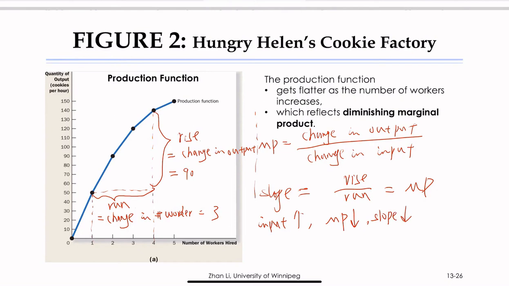And we know that for a curve, if its slope becomes smaller, then the curve will become flatter. So this means the production function curve will become flatter. Okay, so you can see this result here. The production function curve gets flatter as the number of workers increases, which is the result of diminishing marginal product.